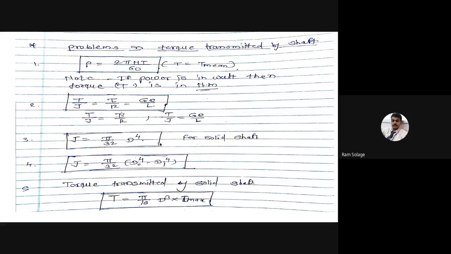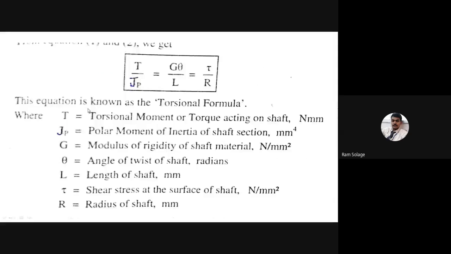Second formula is very important. Formula number 2 is T upon J, meaning torque divided by J. I have already given the meaning of each and every term.